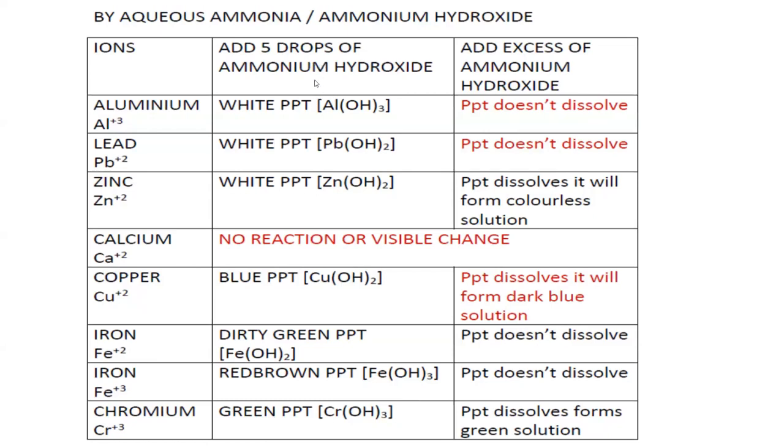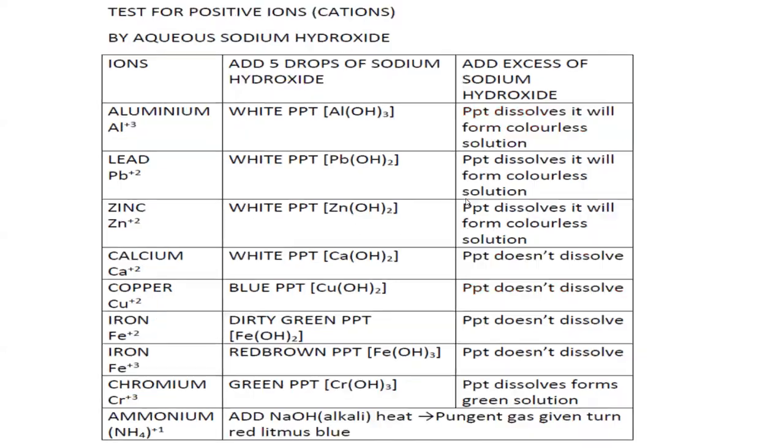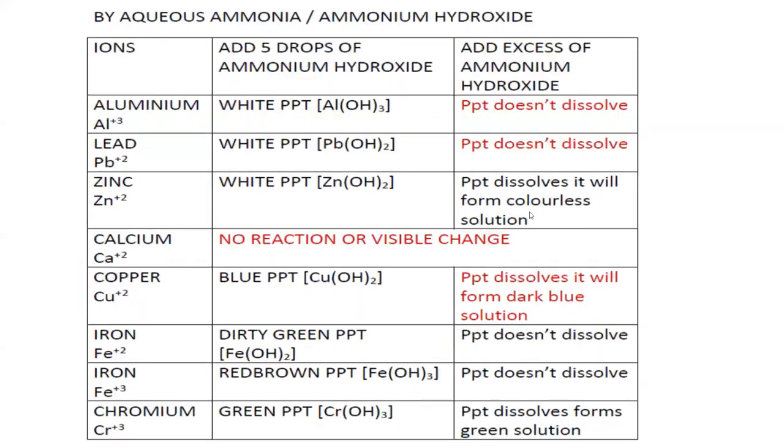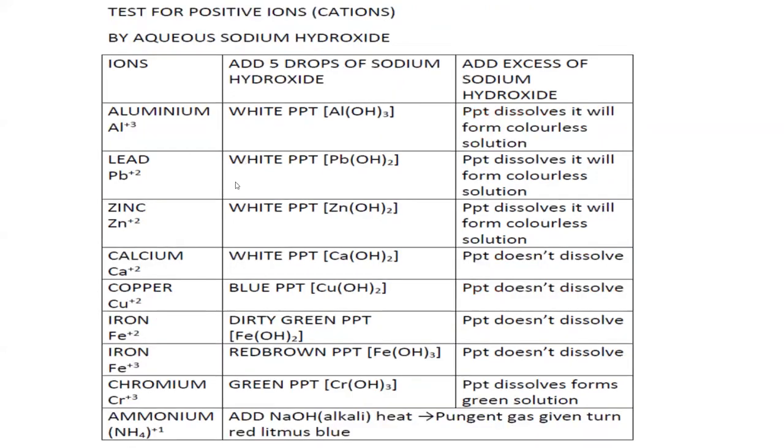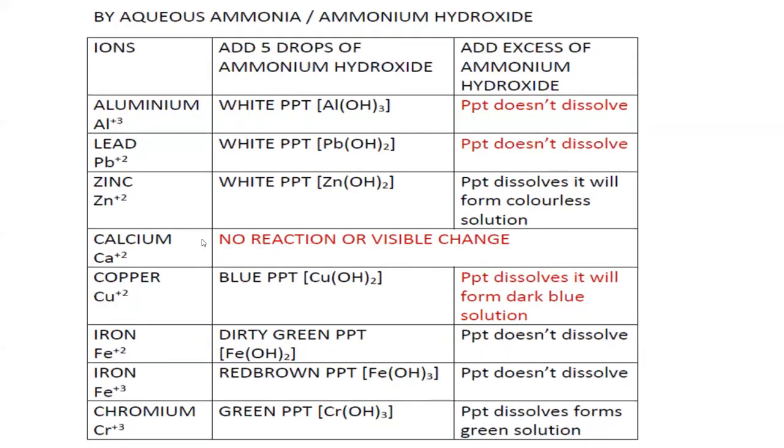When we add aqueous ammonia, 5 drops to a zinc salt, the white precipitate dissolves. It is written in the same color. It means that adding sodium hydroxide or adding aqueous ammonia gives the same result. With calcium, when we add sodium hydroxide, it was a white precipitate that does not dissolve. But with aqueous ammonia, there is no visible change or no reaction.